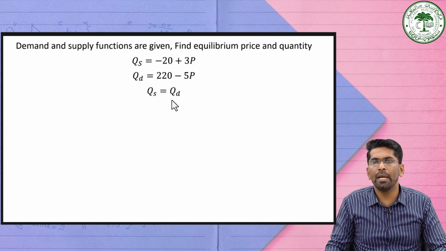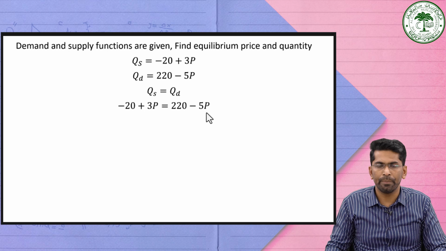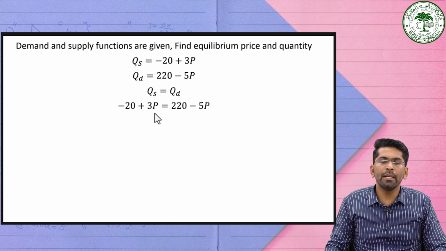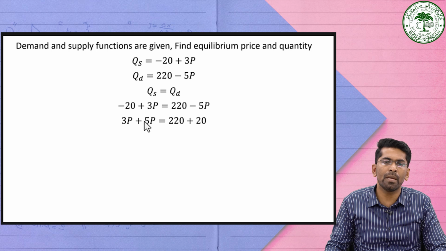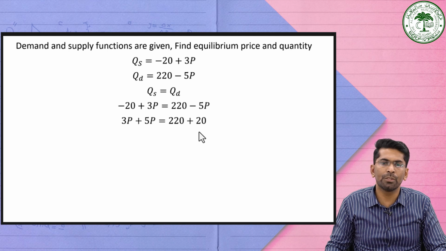Quantity supplied, minus 20 plus 3P, is equal to quantity demanded, 220 minus 5P. So we take the variable term to one side of the equation. It will become 3P, taking minus 5P to the left hand side it will become plus 5P, which is equal to 220 plus 20, since minus 20 becomes plus 20 here.